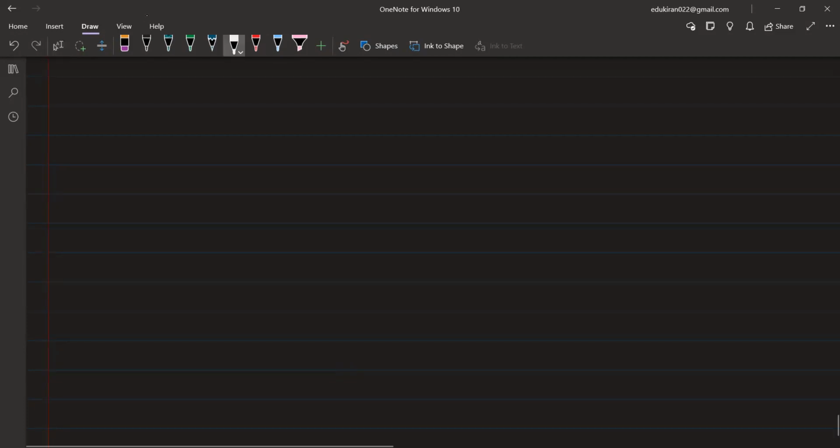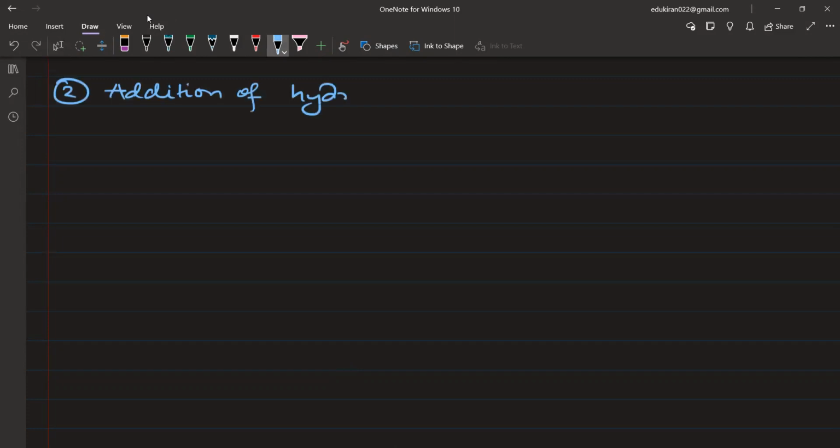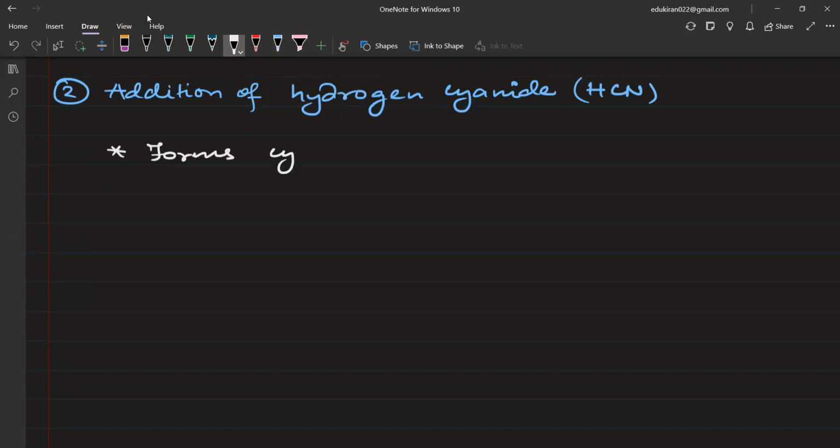Then we have other nucleophilic addition reactions. So here we have the second reaction, that is nucleophilic addition, which is addition of hydrogen cyanide, HCN. Now, in this case, first of all, it forms cyanohydrin. And in this case, base is used as catalyst.